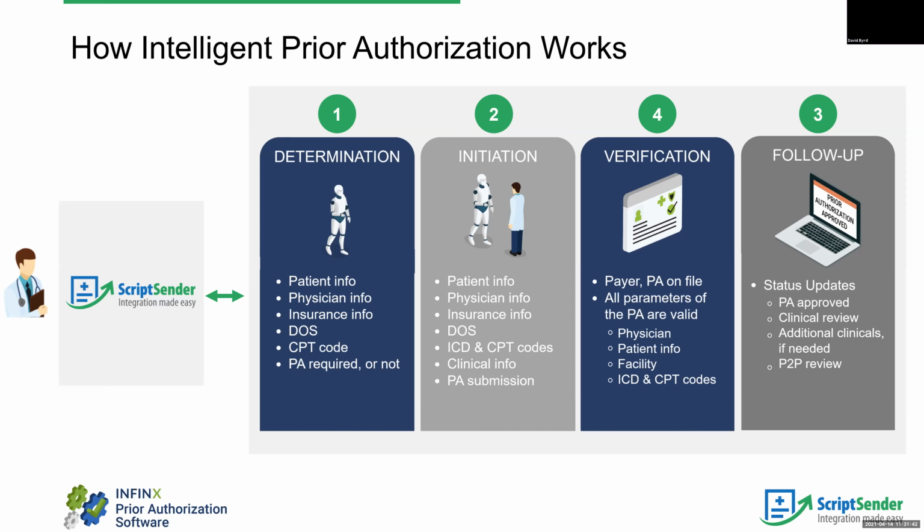And then from there, the follow-up, or what I like to call the alerting mechanism, where it identifies back into ScriptSender, because this is integrated, where that authorization is, whether it's been approved, whether there's additional clinicals required, whether there's a clinical review, or if there's even a peer-to-peer. All that information would flow back into ScriptSender, so it's a streamlined workflow.